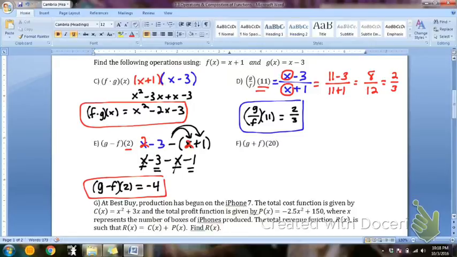Okay, so let's take our g function and add that to our f function. 2x minus 2. Now that we have it simplified, now we can plug a 20 in for our x.